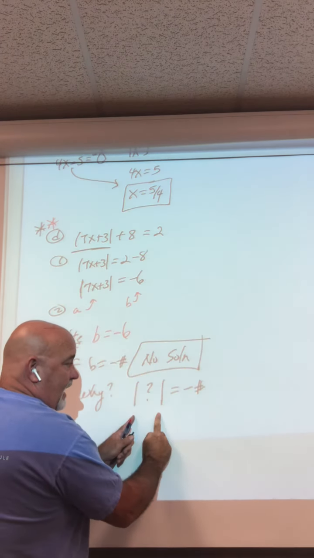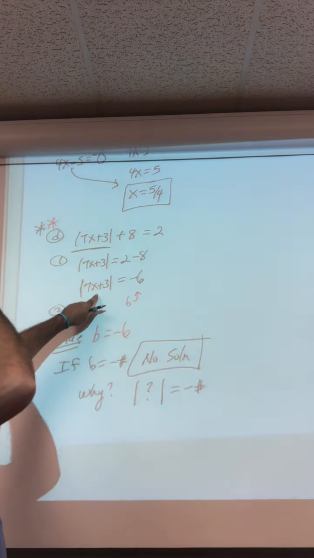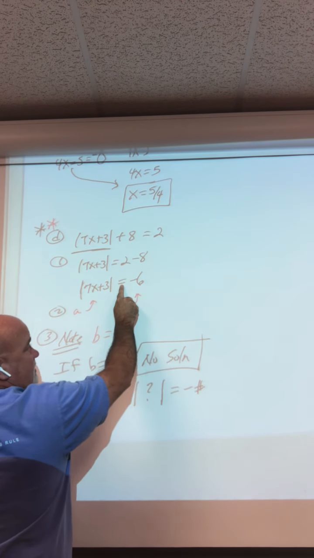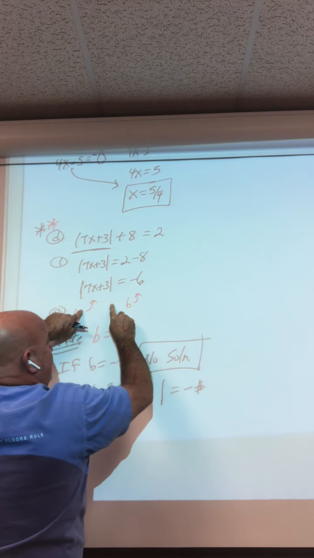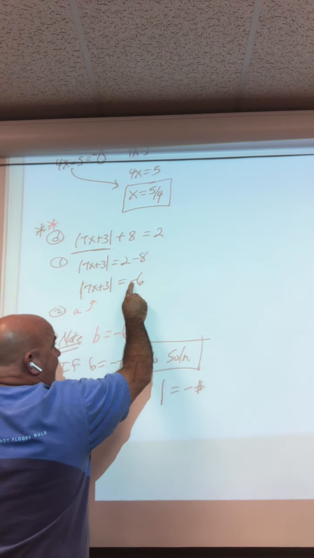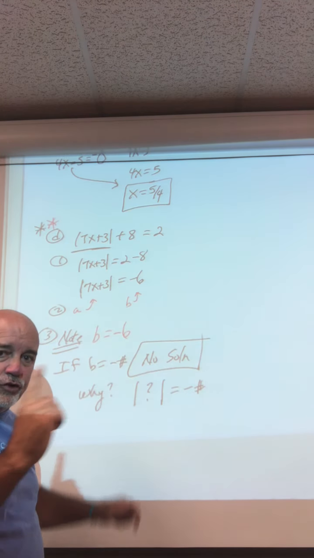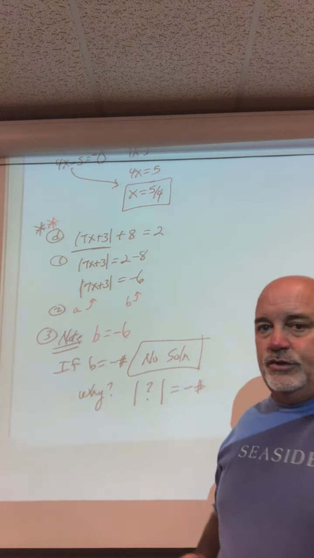So absolute value can't equal a negative. Well, look right back up here. What is this? Absolute value. What's that? Equal. What's that? Negative. Can absolute value ever equal a negative? No. So if B is negative, when you're trying to use Formula 1, the answer is always no solution.